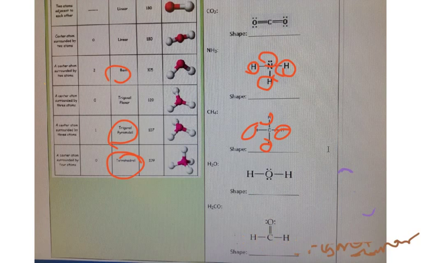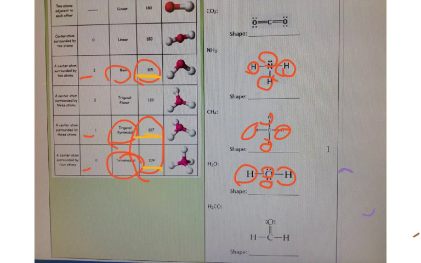And if I got rid of this and we looked at that guy, this would have 1, 2, 3, 4. But what you should notice is that even though their angles are very similar, only ranging between 105 and 109, they do get smaller and smaller as you add more lone pairs. So it goes from 0 to 1 to 2. My bond angle actually gets tighter, going from 109 to 107 to 105.